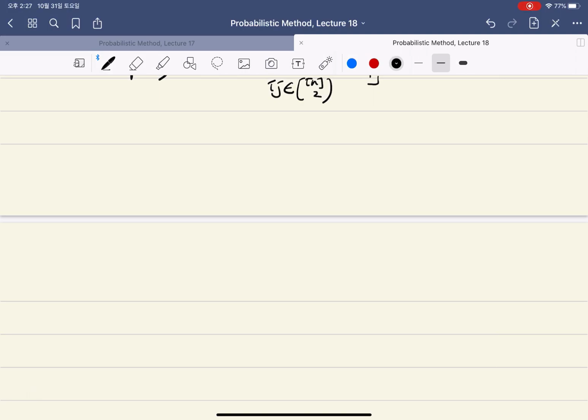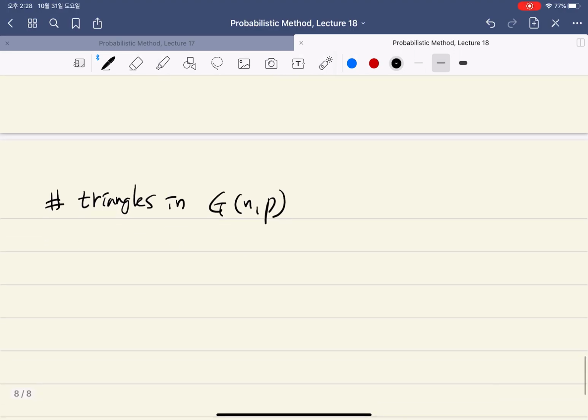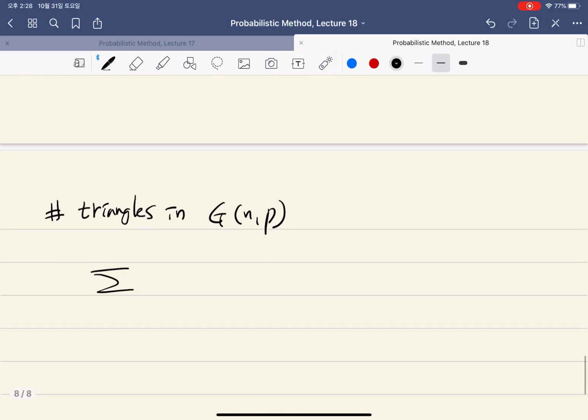But now consider the number of triangles in a random graph. Then what you have to consider is the indicator random variables Xij, Xik, Xjk, and you multiply them, Xijk, where ijk is the triple.